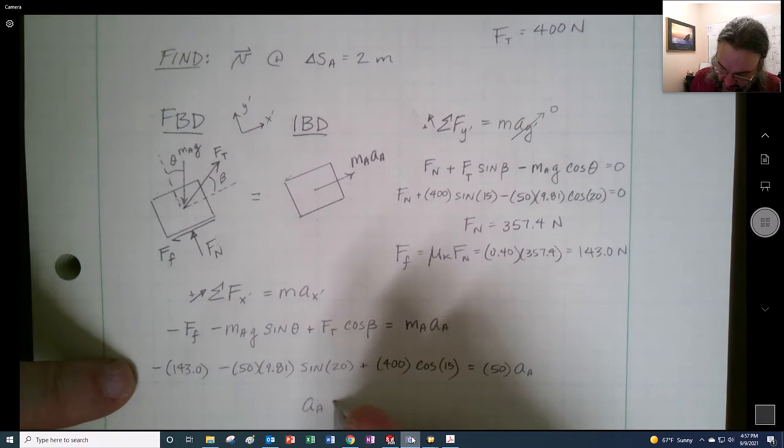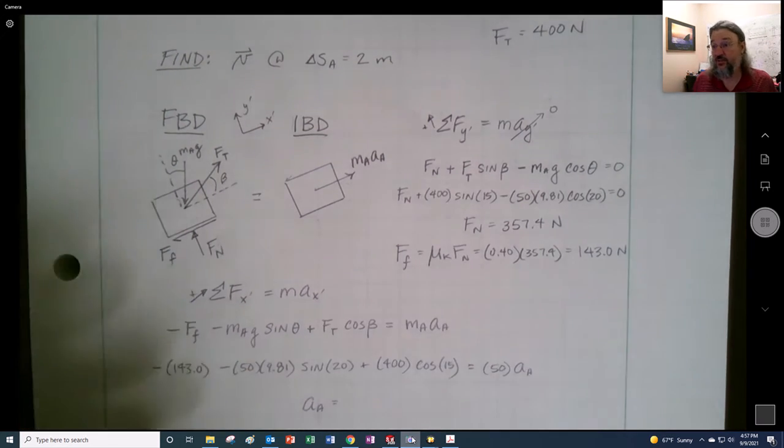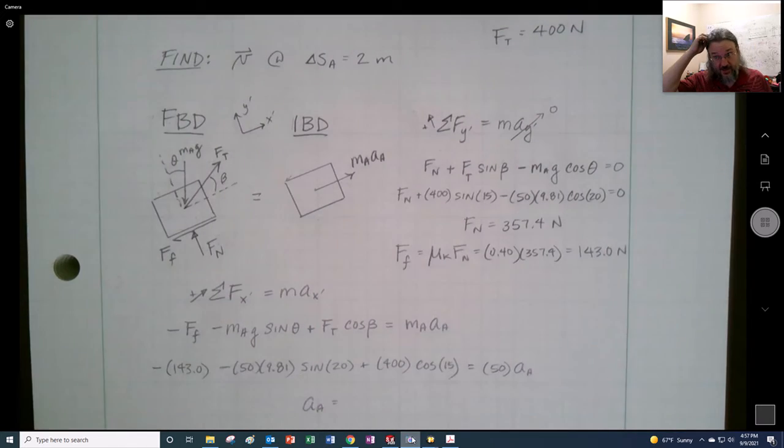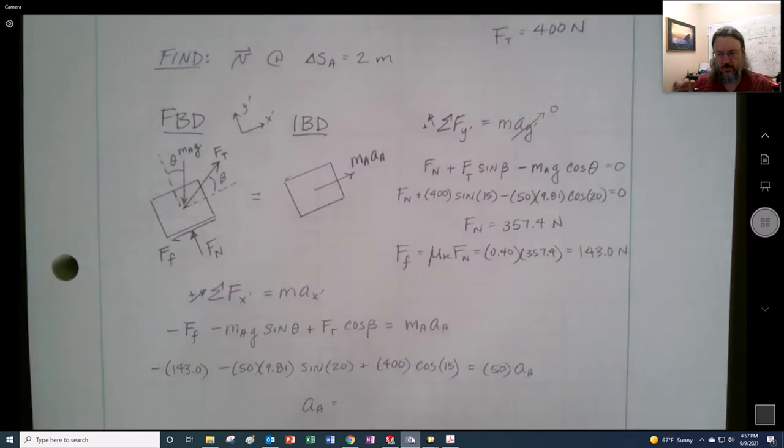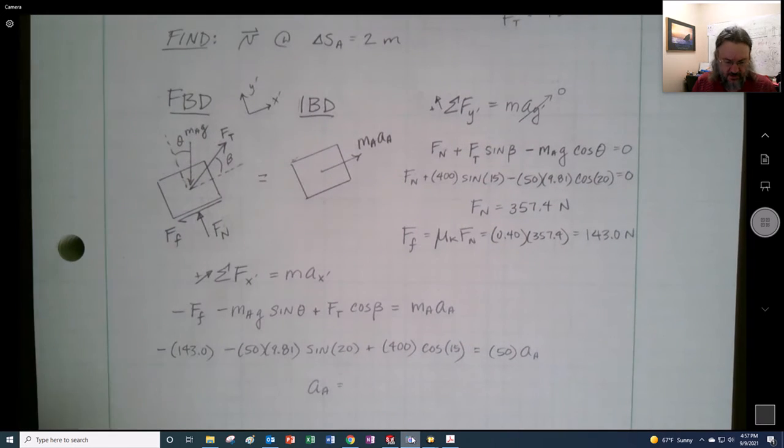And hopefully it's a positive number, otherwise he's not pulling hard enough and it's just going to go downhill. It doesn't actually make a lot of sense because now the friction has to go the other direction. But let's not worry about that. Let's have faith that we picked the numbers randomly correctly.